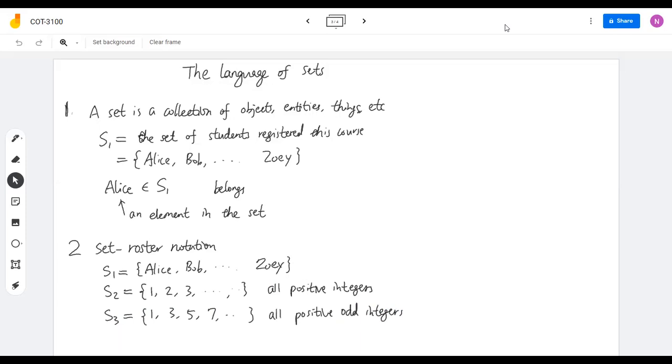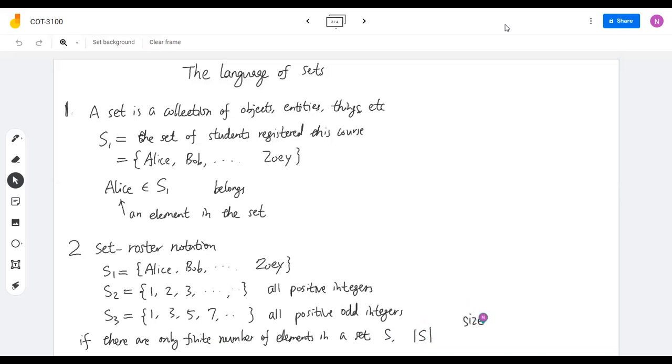Okay, if there are only a finite number of elements in a set, then we will use this notation, the absolute value bars, to denote the size.